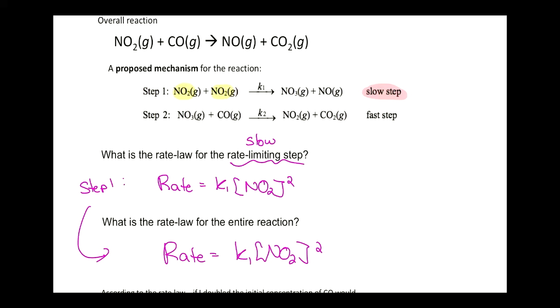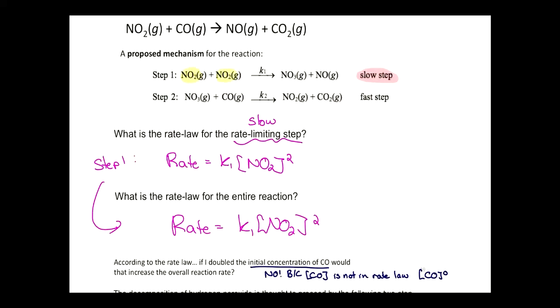Is that last step going to affect the overall rate of the whole reaction we see? No, it's not. It's all of the slow steps leading up to it. So the first step determines the overall speed of this reaction, but that second step, because it's really fast, does not. We're assuming it happens basically instantly.